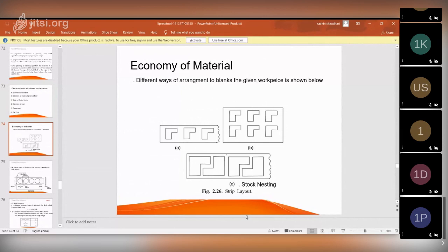If your cycles run repetitively, then every time you have to resharpen that die opening. If the blank shape is complicated, the cost of resharpening that die increases. That's why die cost is also an important parameter while considering any strip layout.